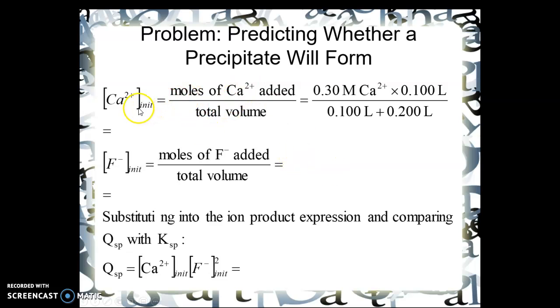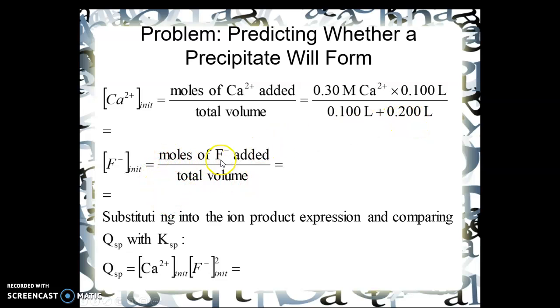First, the calcium ion concentration, moles of calcium ion divided by the total volume. So we know the total volume now is 0.3 liters because we mixed the two together. So we've got 0.3 molar times 0.1 liters divided by 0.1 liter plus 0.2 liters.